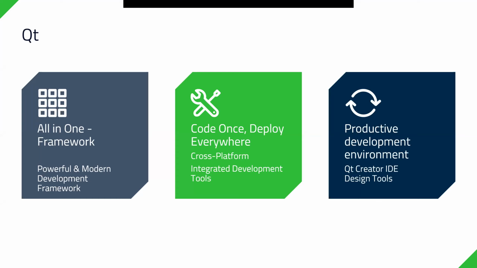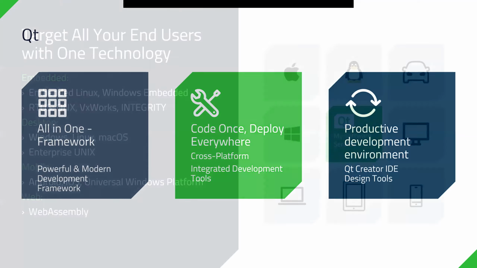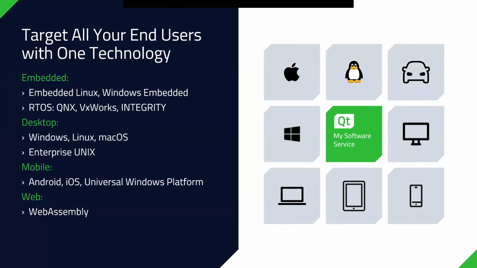And as I said, it is fully cross-platform, so you just write your code once, and then you can simply recompile to target basically most of the operating systems on the market today, be it embedded Linux or Windows embedded, or some selection of the most common RTOS like QNX, VxWorks, or Integrity.